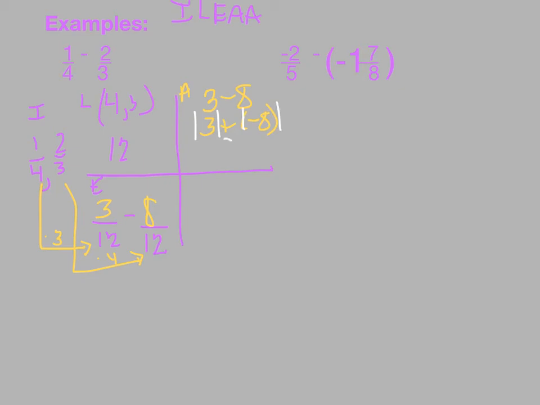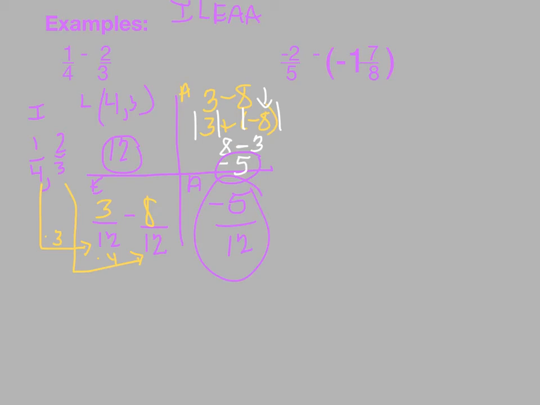Absolute value of negative 8 is 8, minus the absolute value of 3 is 3. 8 minus 3 is 5. I look at the larger of the two absolute values. It is negative 8, so therefore my answer is negative. And now I've got my negative 5 as my numerator. That last part is my answer. And my denominator is 12. So my final answer here is negative 5/12.